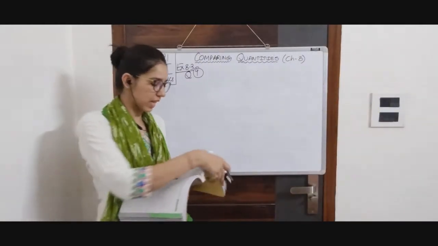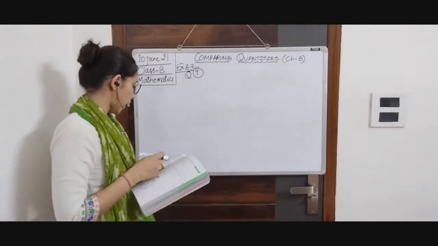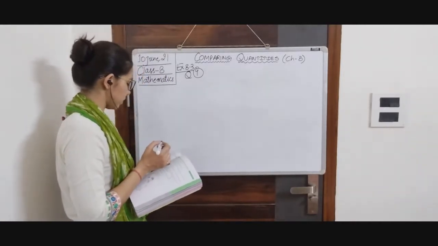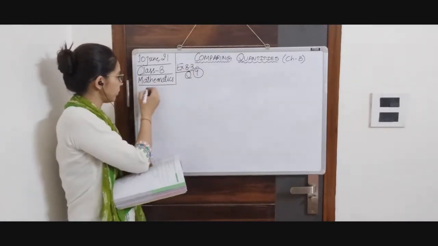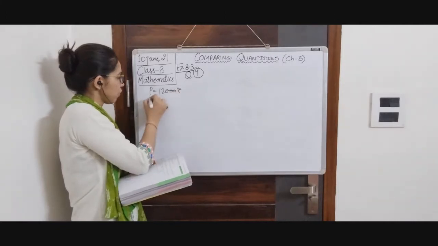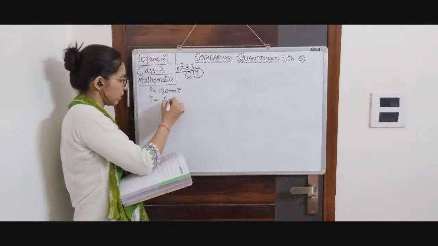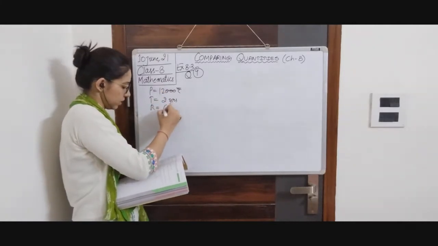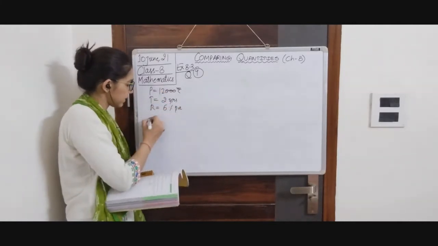Question number 4 says that I borrowed rupees 12,000 from Jamshed at simple interest for 2 years. First, he is saying that he borrowed some money, that is 12,000, for time 2 years and at rate 6% per annum at simple interest.